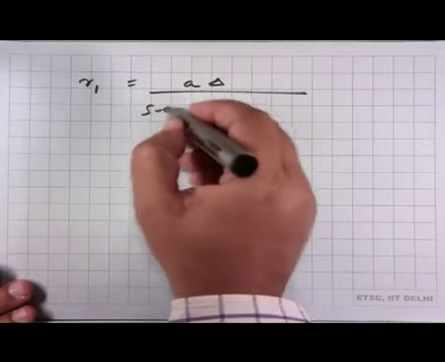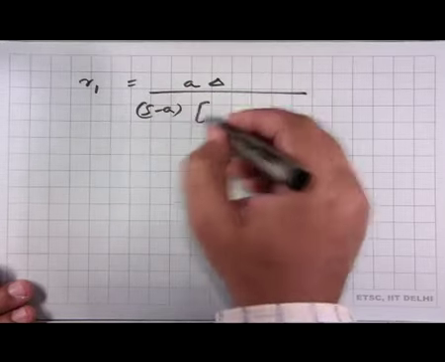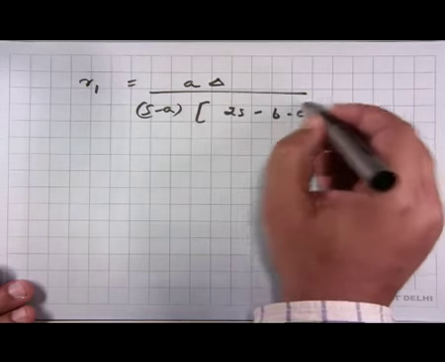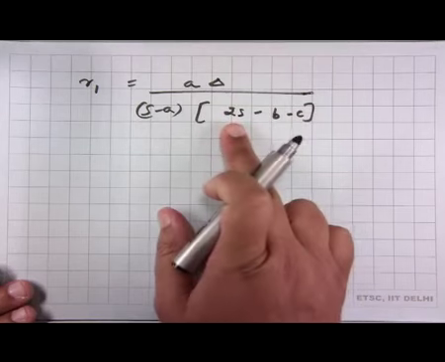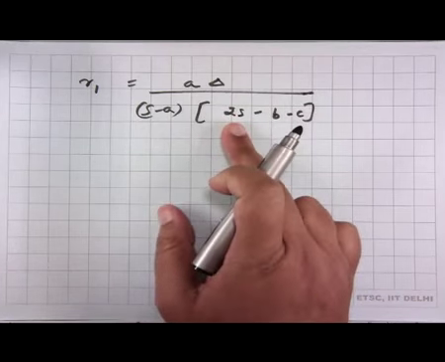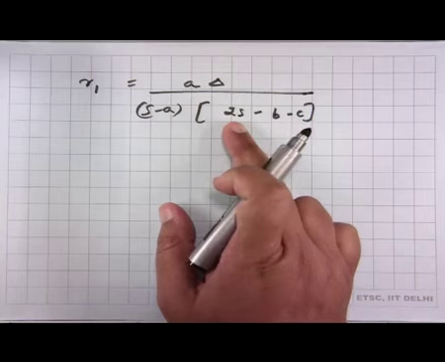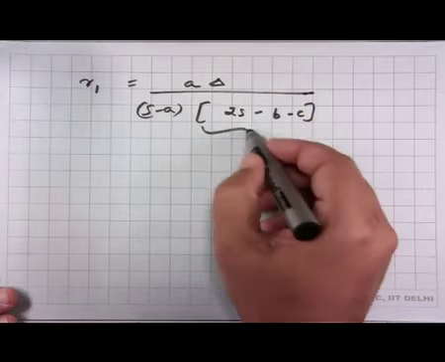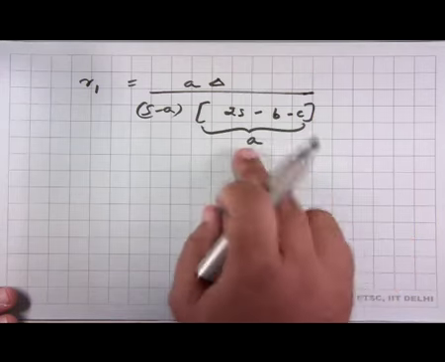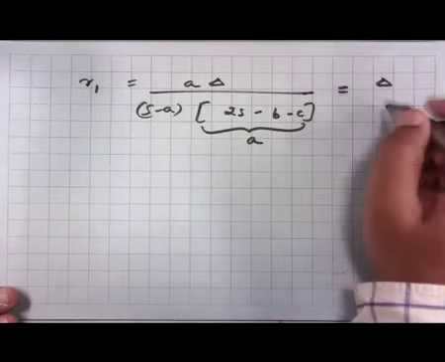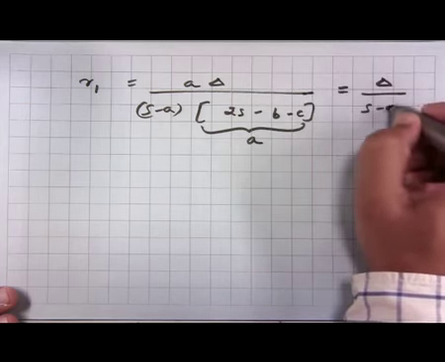So S minus A is common, we take it out, then we get 2S minus B minus C, but 2 times the semi perimeter is equal to the perimeter, which is A plus B plus C, and therefore this thing is equal to A, which gets cancelled with the A in the numerator, and what remains is delta upon S minus A.